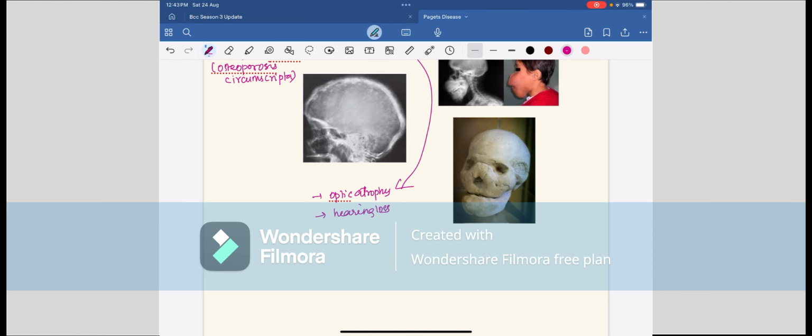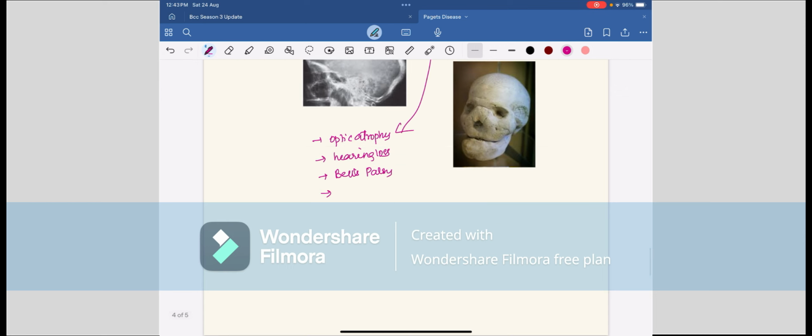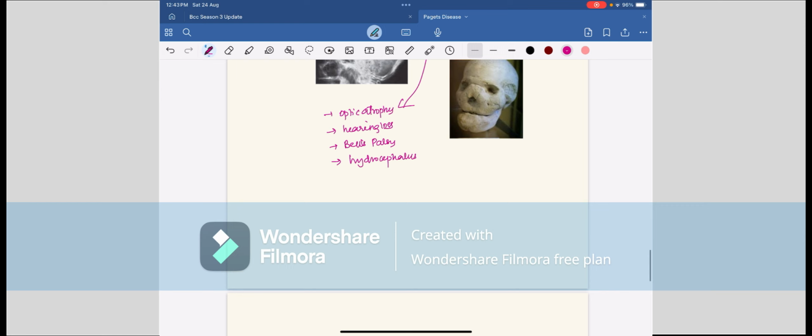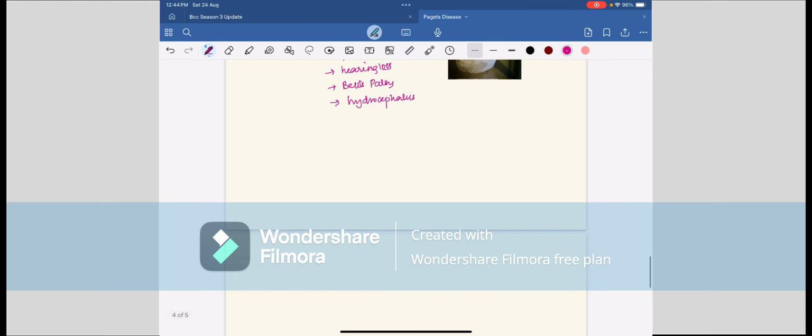It can cause compression of the seventh nerve, causing Bell's palsy. It can cause compression of the base of the skull, causing hydrocephalus. It can cause all these effects in addition to the deformities of the shape and the moth-eaten appearance of the osteoporosis circumscripta. So these are the things which are related to the skull.